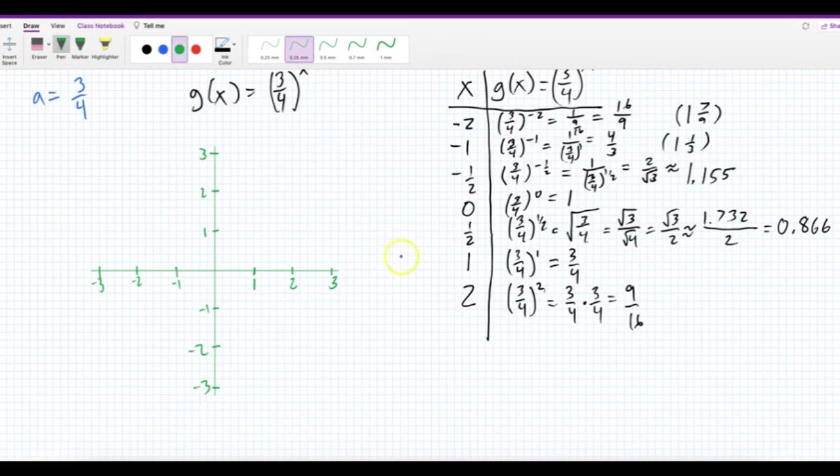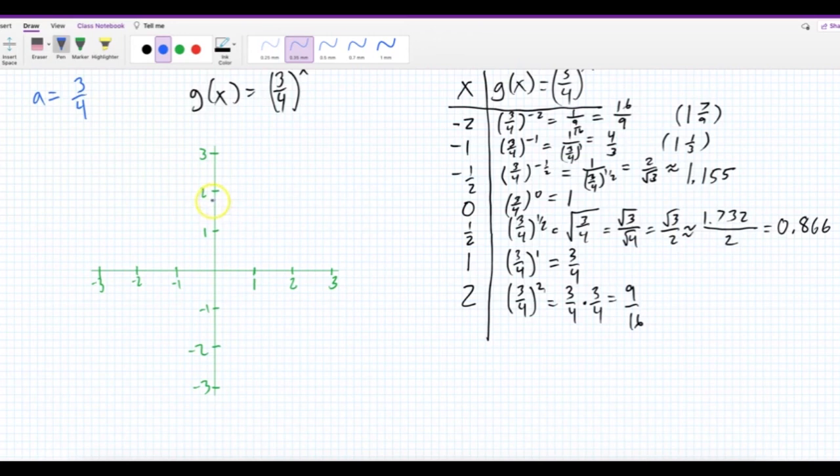Okay, so let's plot some points here. Okay, so let's start over here, -2. We want 1 and 7/9. Okay, so right here, this point for our y value, this would be 1 and 4/5, in other words, 1.8.